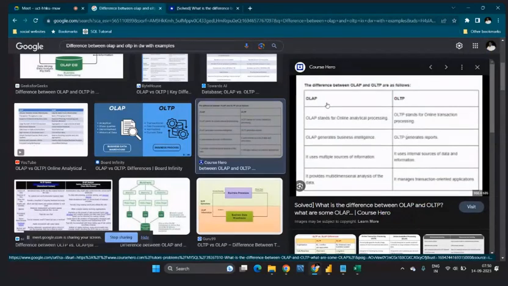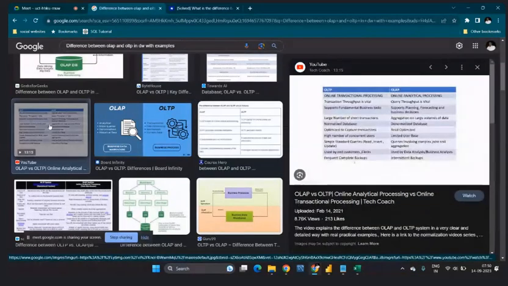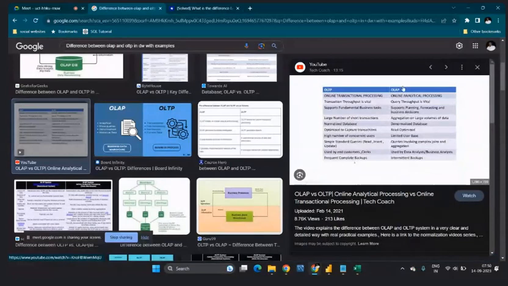OLAP means online analytical processing, and OLTP means online transaction processing. First OLTP, then OLAP, you need to go like that. This is the proper way. First, we need to load the transactions online.